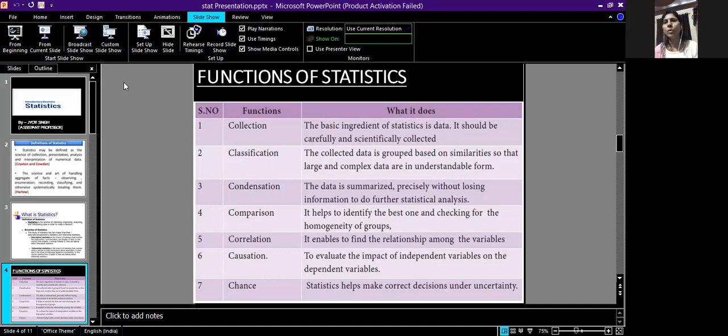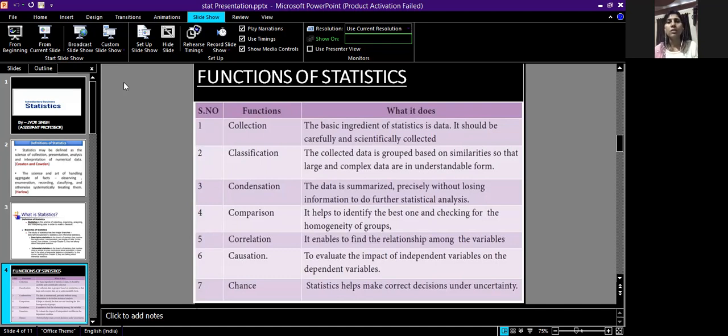You have the information related to the demands of the customers and the desires of the customers regarding that particular product. So you start collecting that data, you start finding out the best possible traits which most of the customers are asking for. So we start identifying the best one and checking for the homogeneity of the groups among the data. So this is the comparison part.